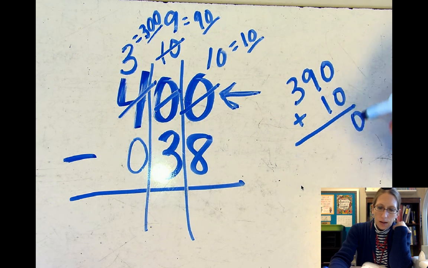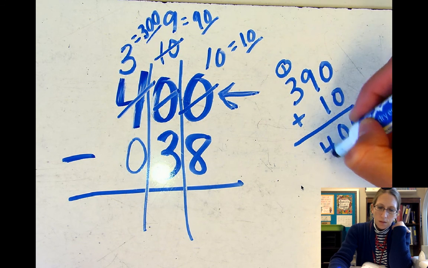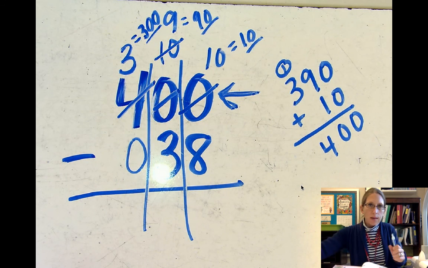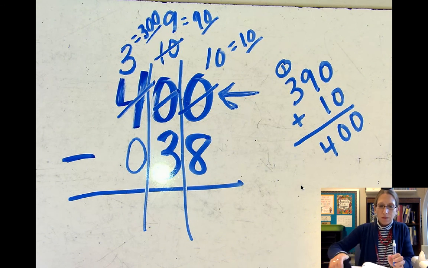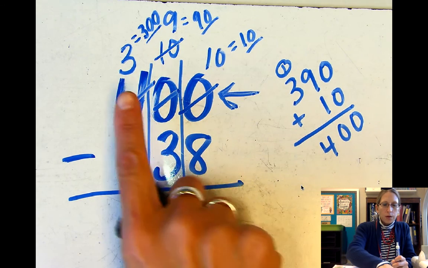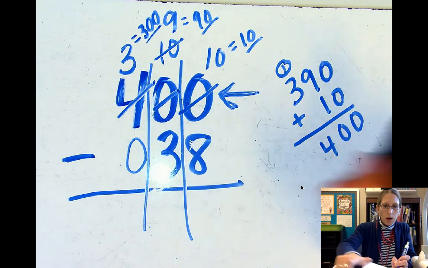Oh, look at that. It is 400. Yeah. So we still have 400. So we're not changing the actual number that we're subtracting from. We're just renaming it. So instead of calling it 400, we're calling it 300s, 9 tens, and 10 ones.